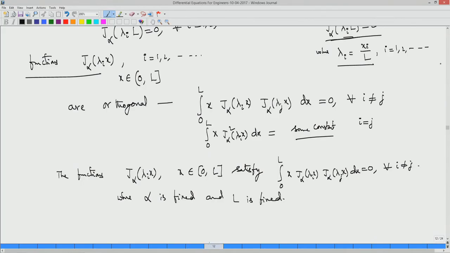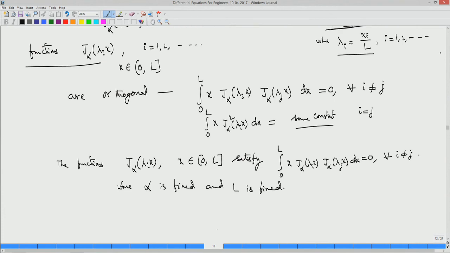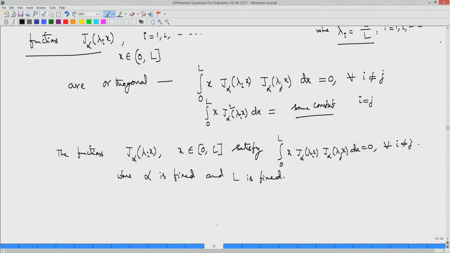So, if you fix your alpha and the domain up to some point L, you have orthogonal functions. These Bessel functions are orthogonal in that domain. You can choose infinitely many such classes of orthogonal functions just by changing alpha and L. Because j alpha of x has infinitely many roots, for each root xi there is a corresponding lambda I, and for each lambda I you have j alpha of lambda x.